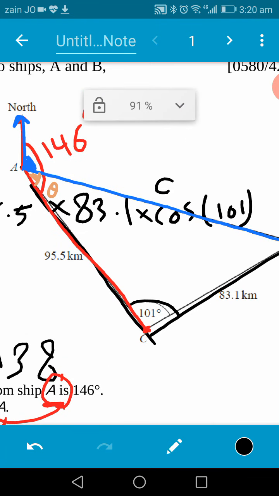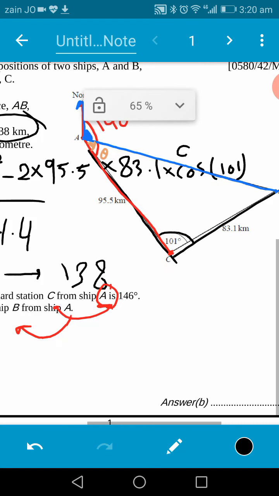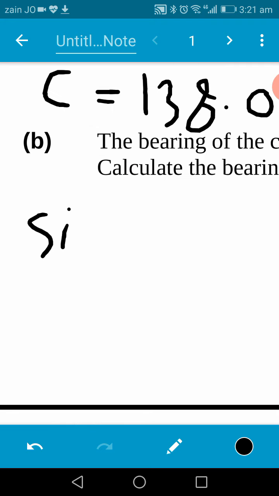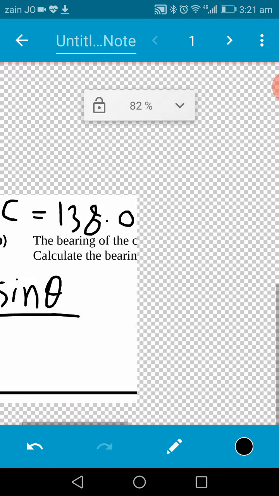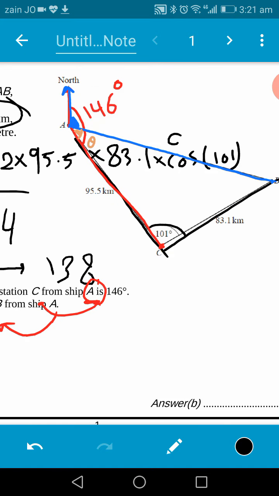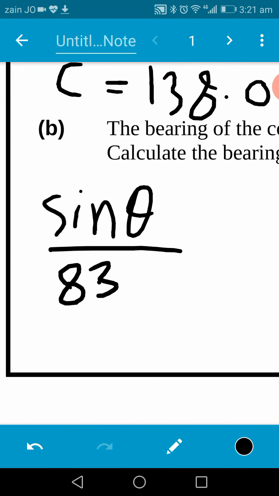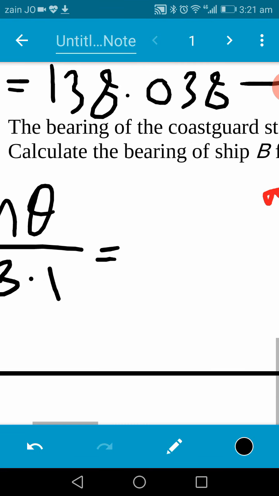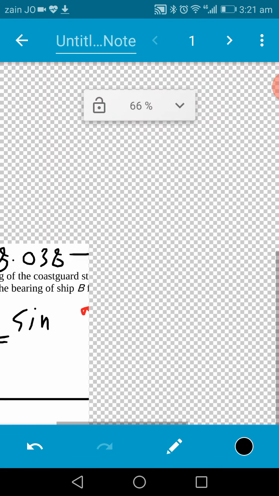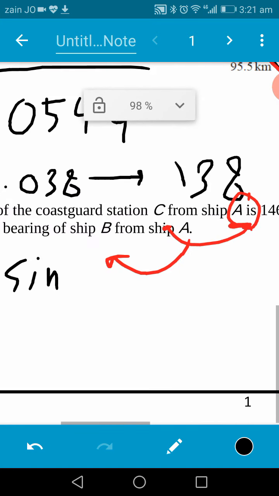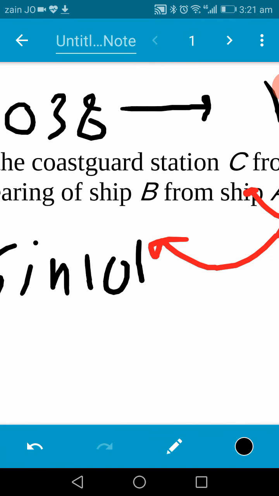To find theta, what can you use, teacher? We have small c, we found it, right? So use the sine rule. Sine theta over the opposite side of theta, which is 83.1, equals sine of another angle, take 101, sine 101 over small c.